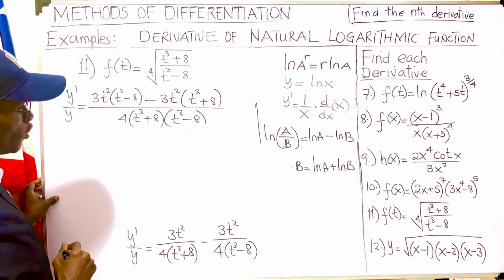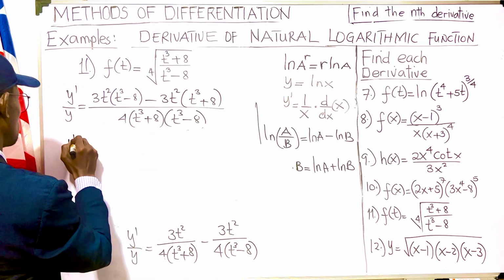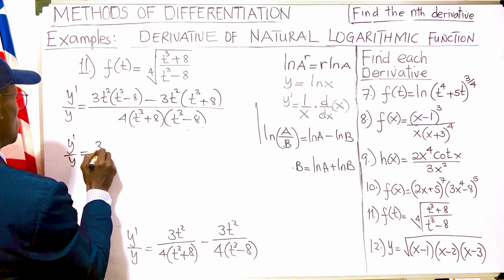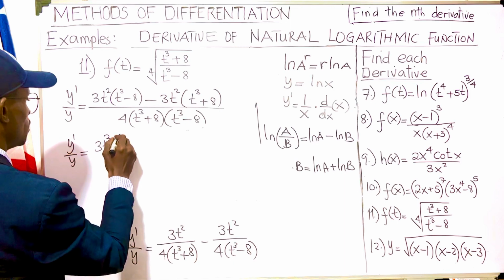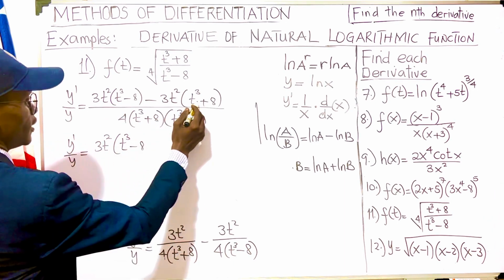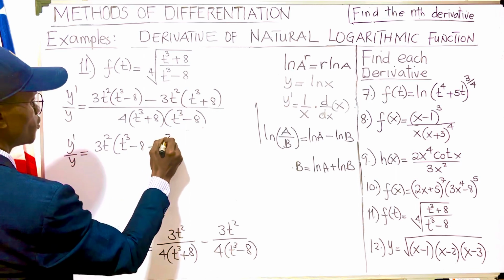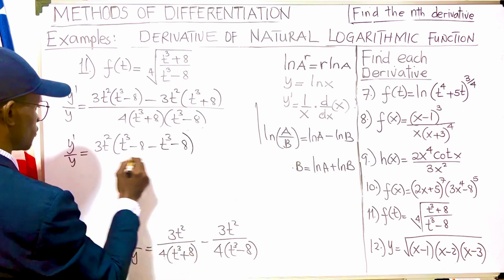Now, t squared is found in both terms, so we can just factor it out. So it's t squared, not t cubed. We'll be left with t cubed minus 8, and this side will be left with minus t cubed, and then this is also minus 8.